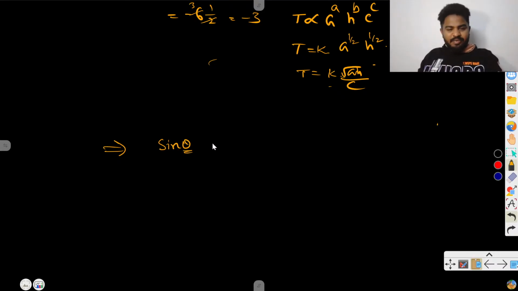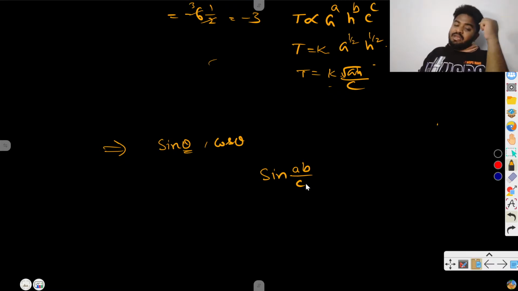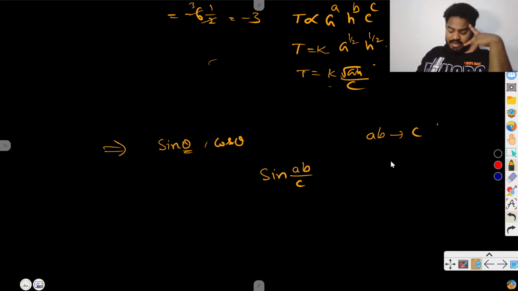All trigonometric functions, sine theta, cos theta, don't have any dimensions. At the same time, if they give sine of AB by C, then whatever physical quantities A, B, C are inside, the argument must be dimensionless. Whatever the dimension of AB is, the same dimension applies to C, and both cancel each other. The dimension of AB will be equal to the dimension of C.